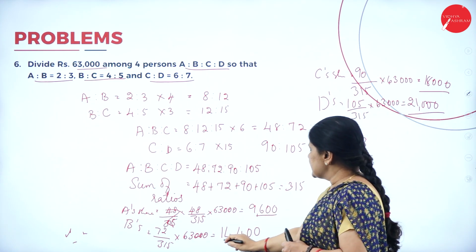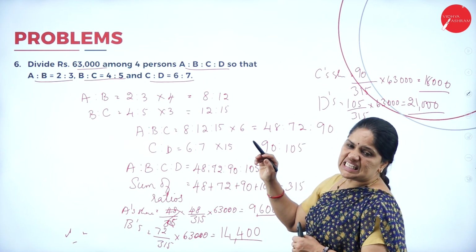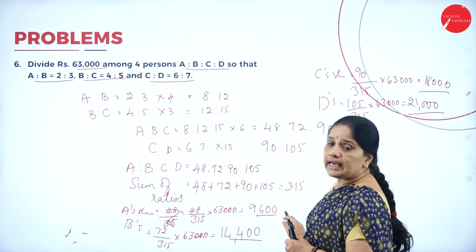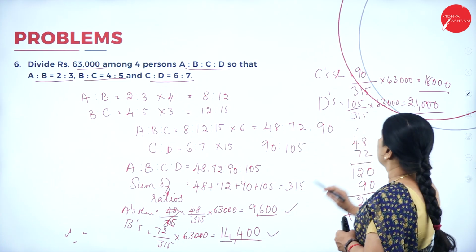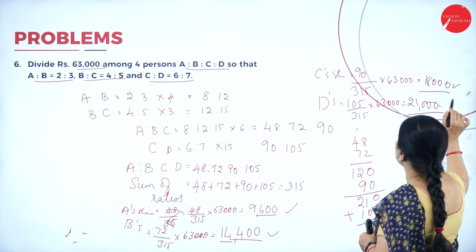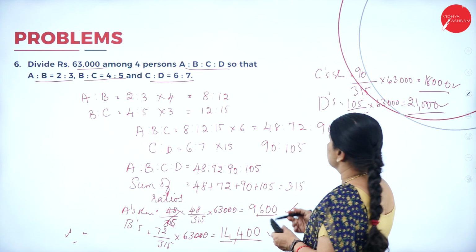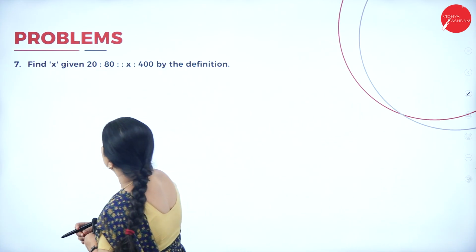So this 63,000 we have divided between A, B, C and D in the ratio, and A is getting 9,600, B is getting 14,400, C is getting 18,000 and D is getting 21,000. So next, let us see the next problem.